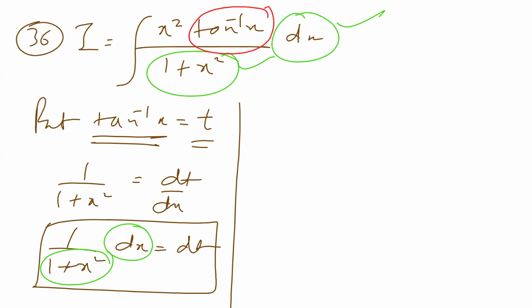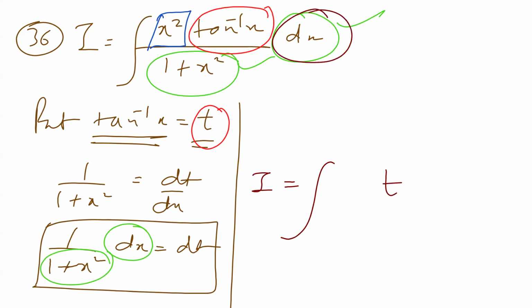Okay, so dx upon 1 plus x square became dt. Tan inverse x became t. Okay, so we are left only with x square. So we have to manage that particular term.